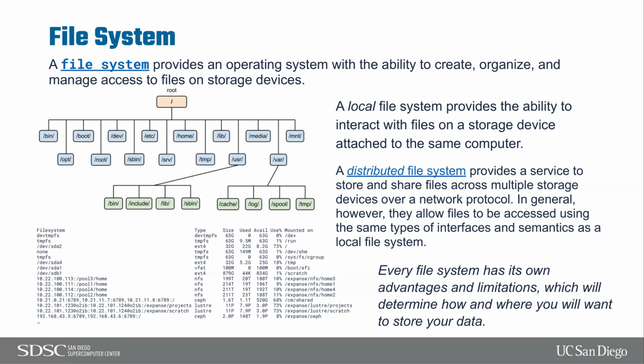And these are called local because they're local to the storage device that's attached to the computer you're working on. Whereas distributed file systems are what you will encounter on many of these advanced resources like Expanse, where you have many different types of storage systems and file systems that are not local to the given machine you're actually interacting with. There are different protocols and ways that file systems can be distributed across multiple machines over the network.